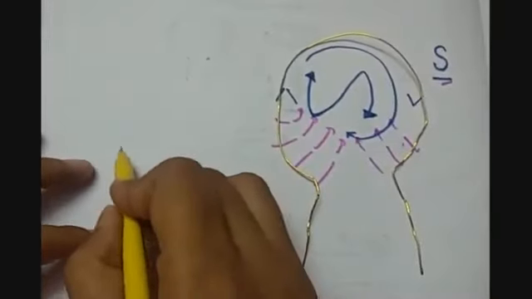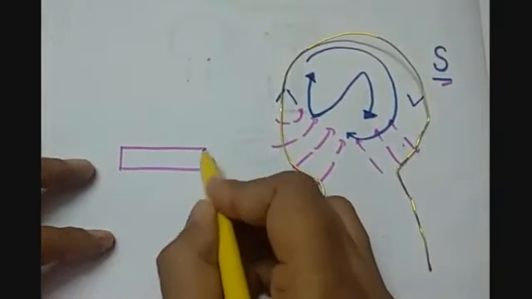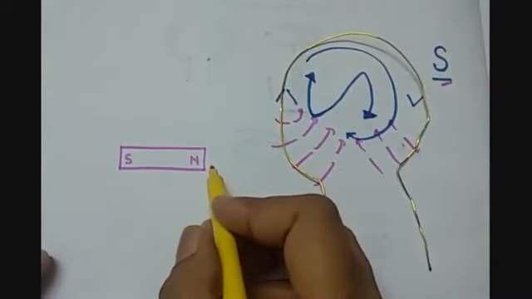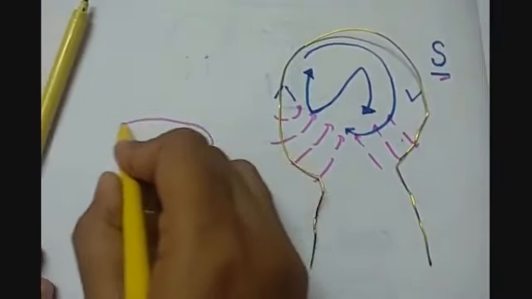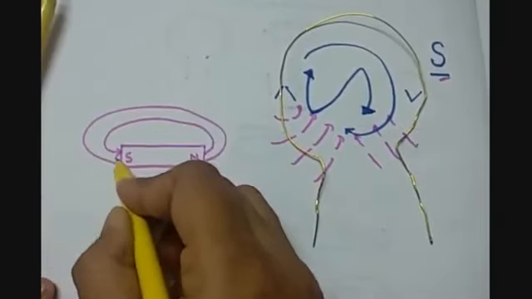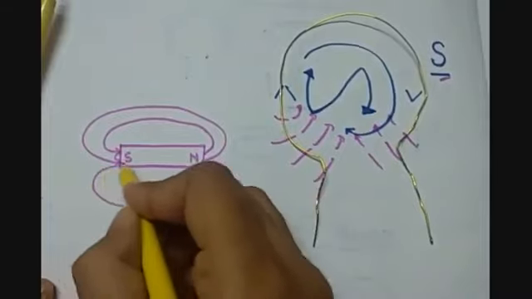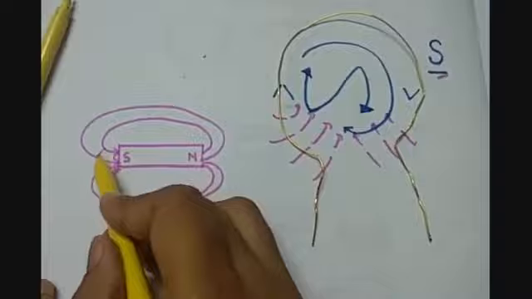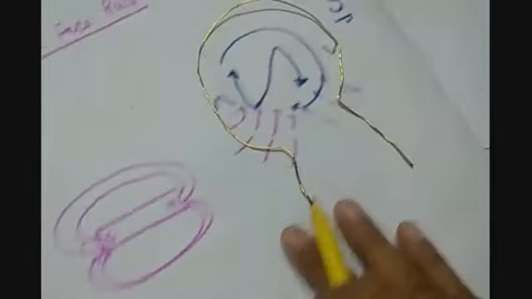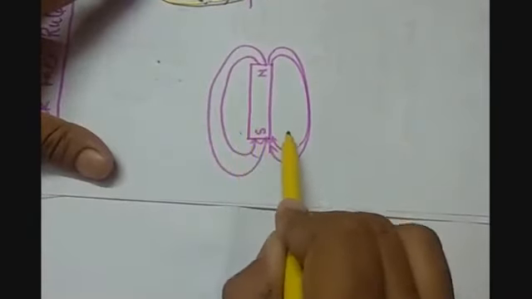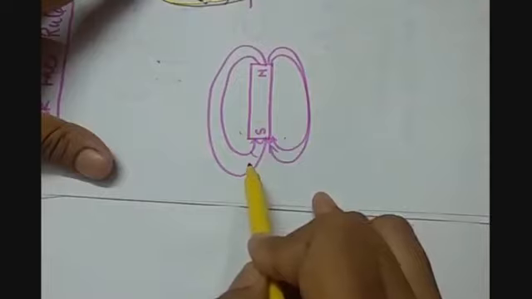Because we know that in case of a bar magnet, the magnetic field lines emerge out from the north and enter in the south. So this is what is happening here. So you can think that this circular loop is behaving as this point for us.